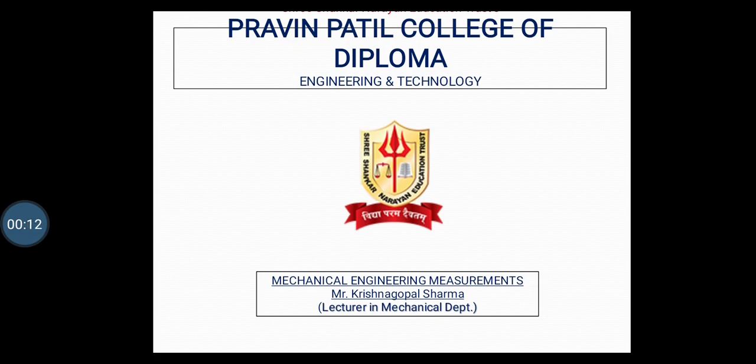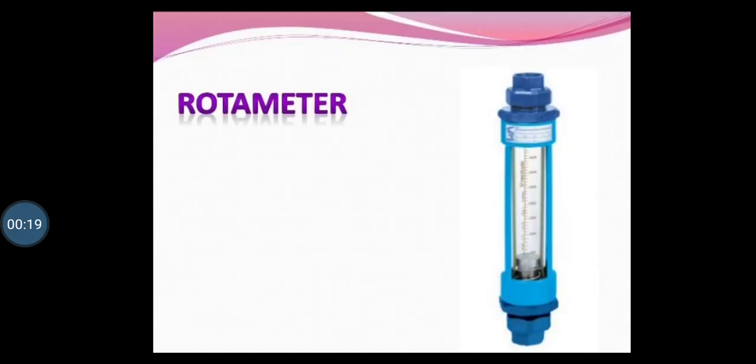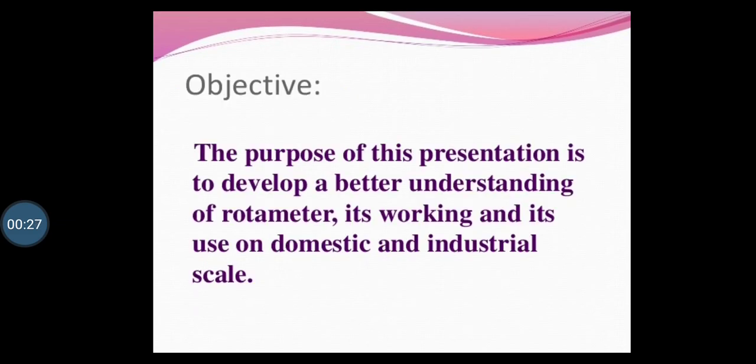In today's video session, we are going to discuss about rotameter, which is a flow measuring device. So let's start with the objective. The purpose of this presentation is to develop a better understanding of rotameter, its working and its use on domestic and industrial scale.